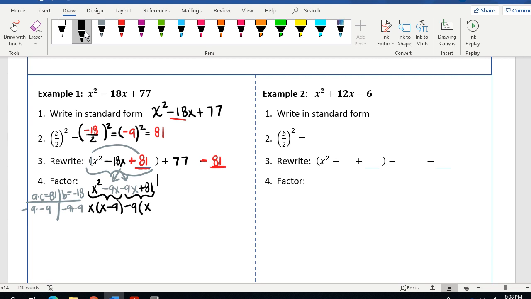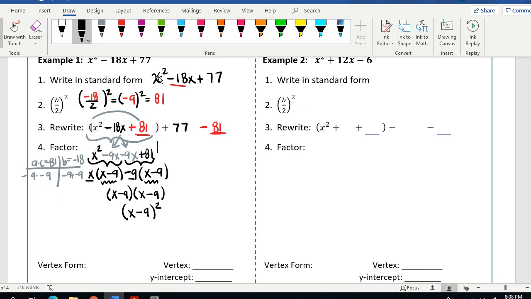Positive 81 divided by negative 9 is negative 9. Oh my gosh, they're the same thing. So I'm going to have x minus 9 in my first parentheses, and then x minus 9 in my second parentheses. So I can rewrite x minus 9 times x minus 9 as x minus 9 squared. That is the whole purpose of the perfect square trinomial.